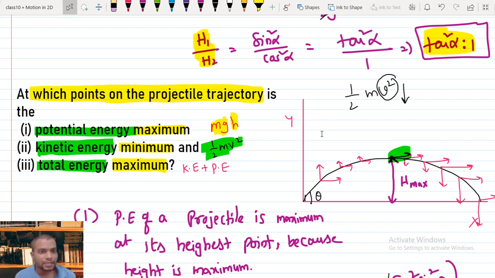The first point here is, in projectile motion, potential energy is maximum at its highest point, and at the highest point kinetic energy is minimum, and throughout the projectile motion the total energy remains constant. The total energy is conserved during the projectile motion. So those are the three points we got from this problem.